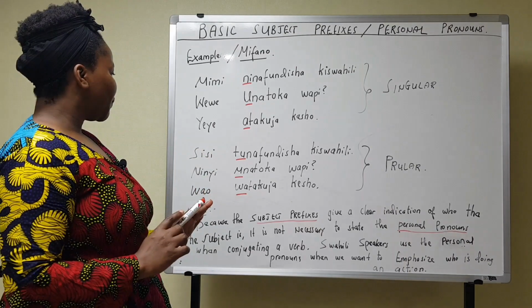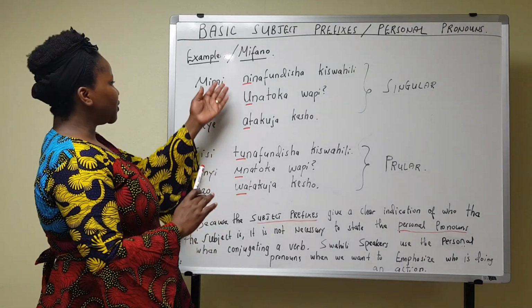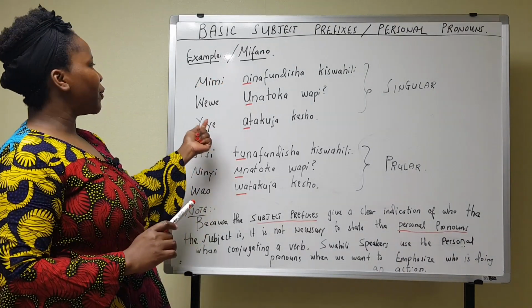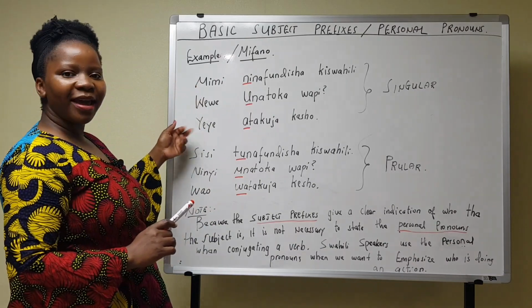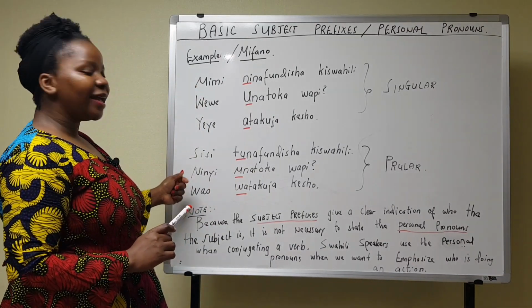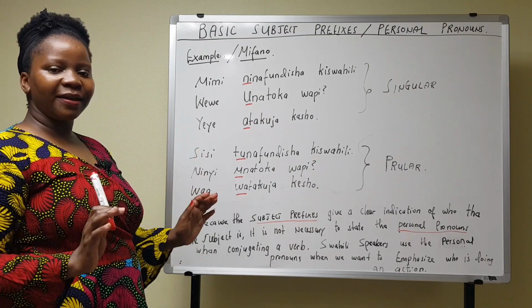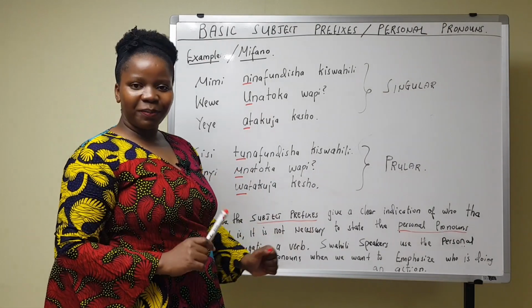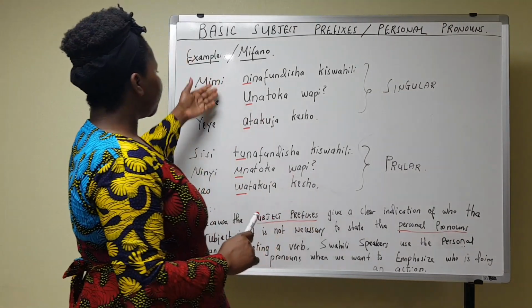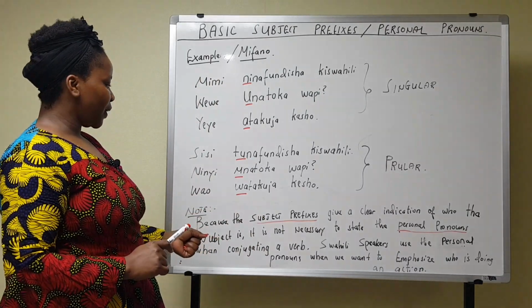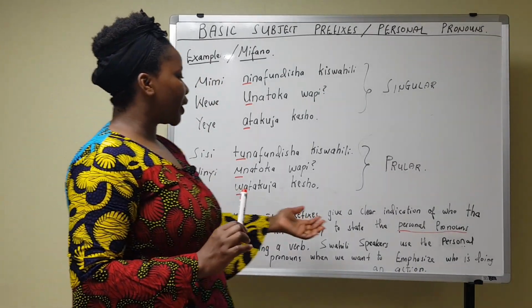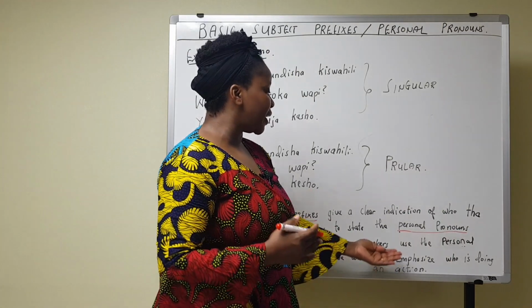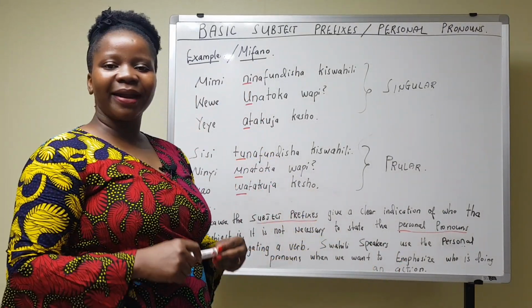So it is not necessary to use the personal pronouns Mimi, Wewe, Yeye, Sisi, Ninyi, Wao. Swahili speakers use these personal pronouns when we want to put emphasis on who is doing an action.